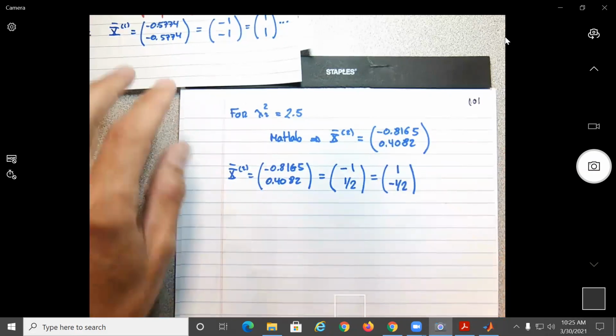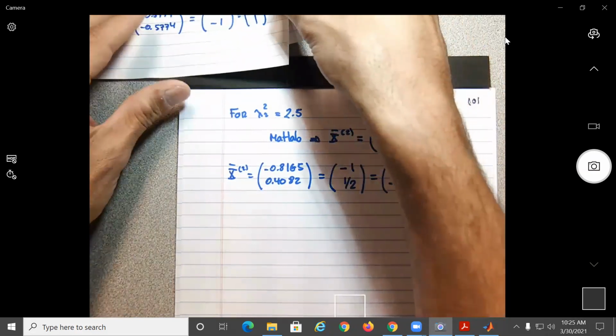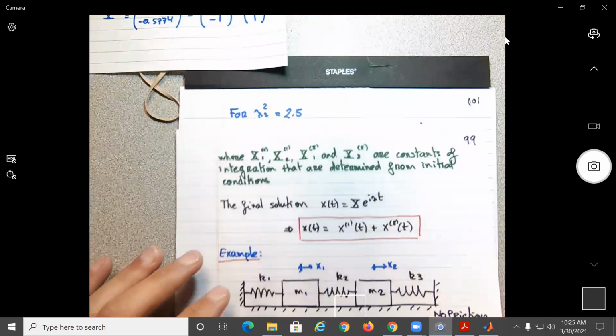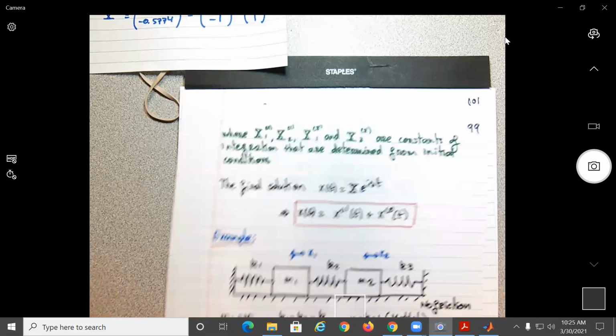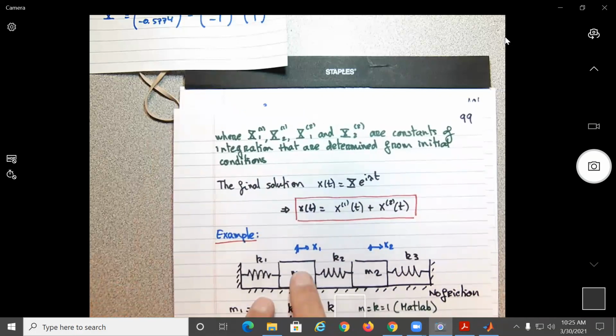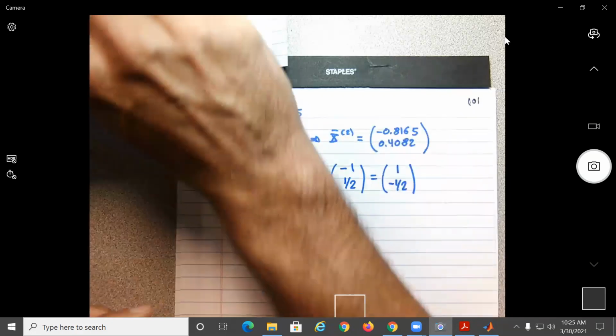So we go again to this figure here. That means that if this one moves -1 to the left, this one is going to move 1/2 to the right. Or on the opposite direction, if this one moves 1 to the right, this one is going to move 1/2 to the left. Okay? All right? So that's basically what it means.